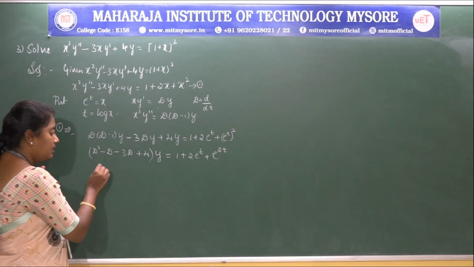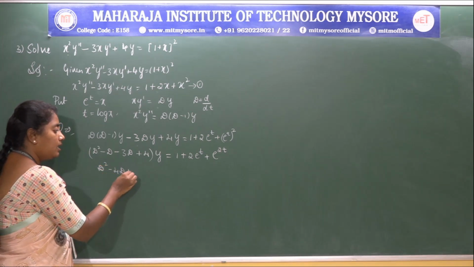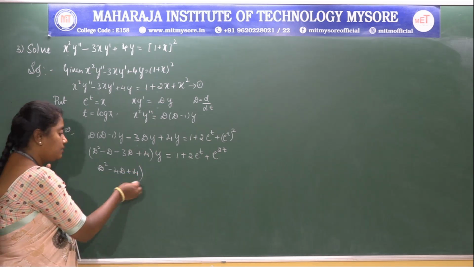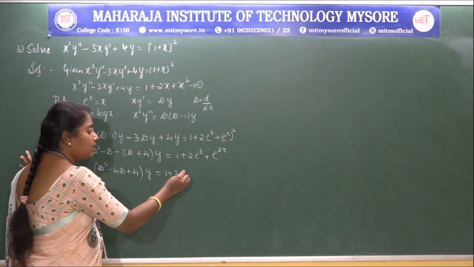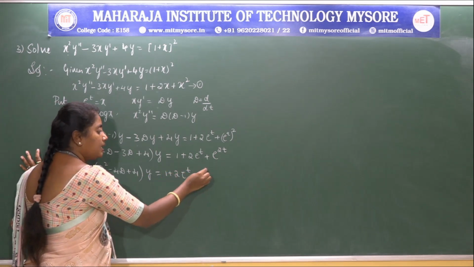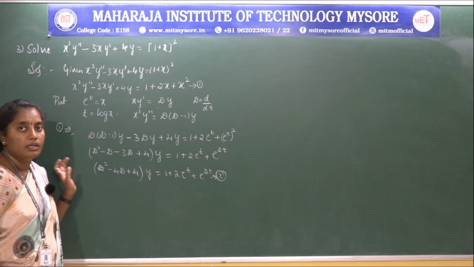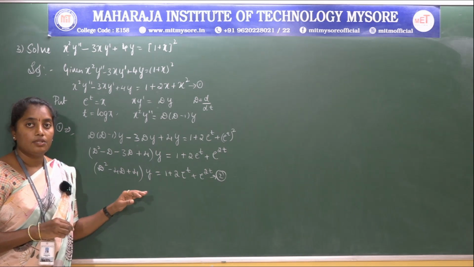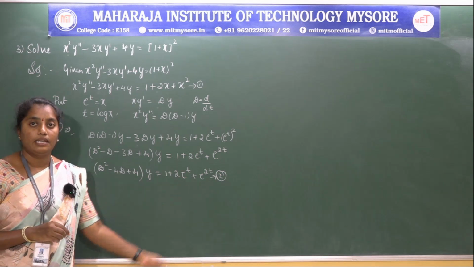Simplifying this again, this can be written as (D² − 4D + 4)y = 1 + 2e^t + e^(2t). Consider this as equation number 2. To find the solution of this equation with constant coefficients, we have to find the complementary function and particular integral.